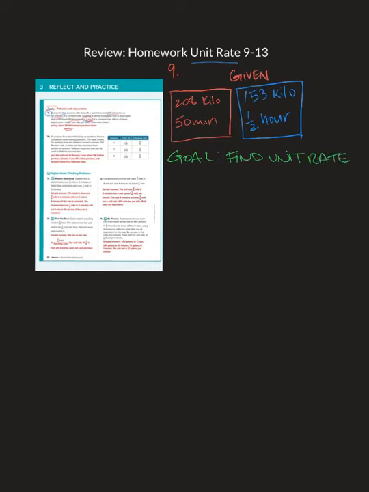And what that looks like is that our final answer is in per hour. So once we're finished, we should see per 1 hour, right? Per 1 hour, and we're gonna have kilo here. So now we just need to work it out to see what the number is going to be here, and what the number is going to be here, okay? So that's the goal.